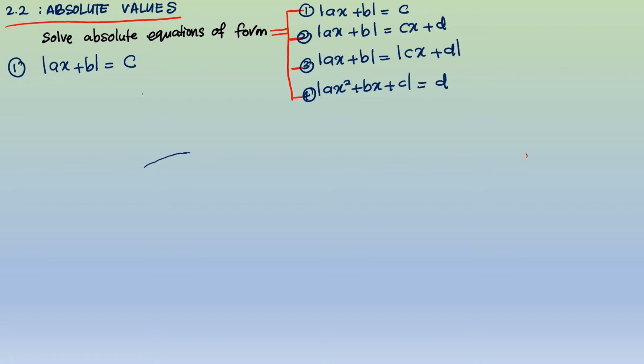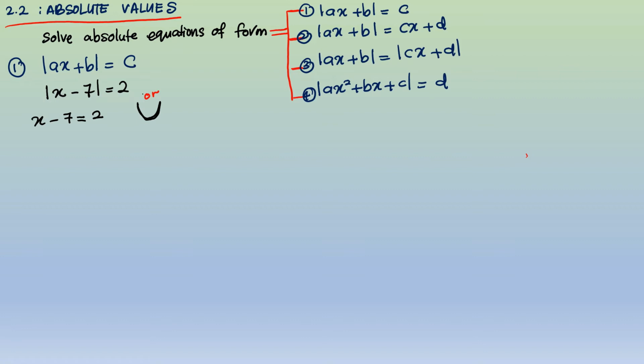Alright, so let's give you an example. For example, you have the equation modulus x minus 7 equal to 2. How we are going to solve this is to write down on the left hand side x minus 7 equal to 2, or, here you have to use the symbol or, union.